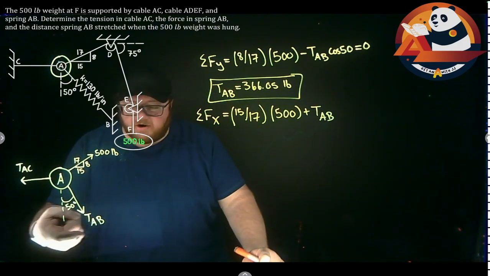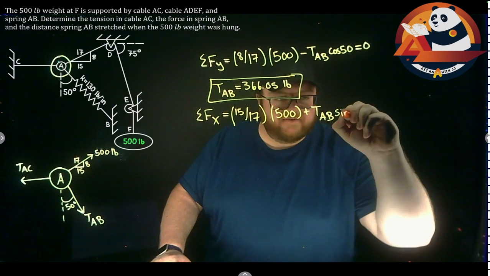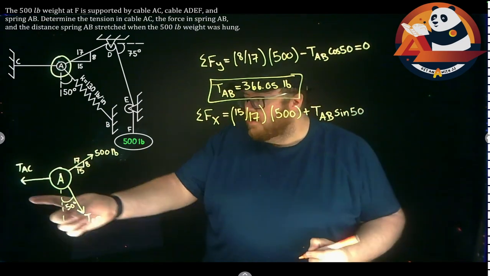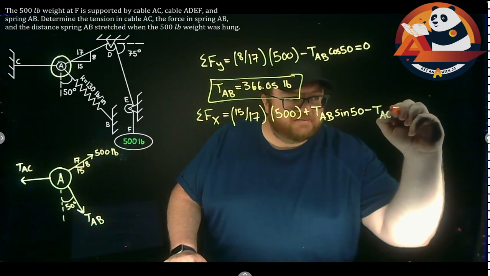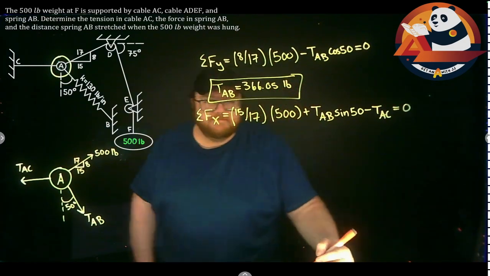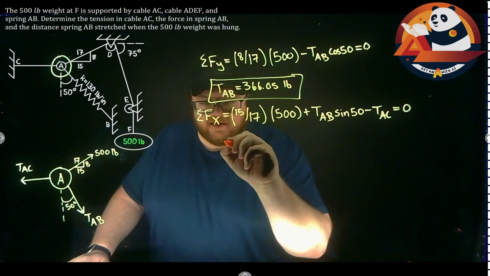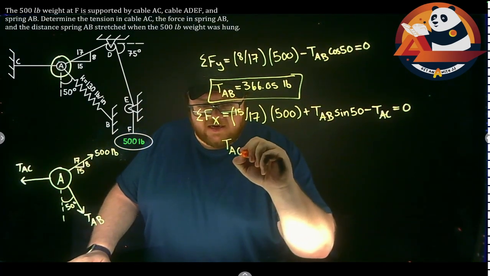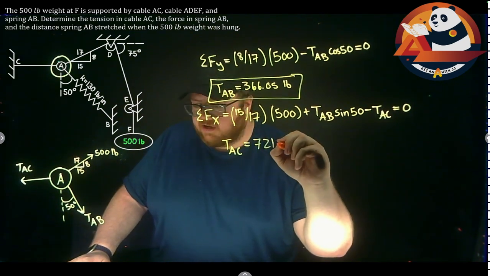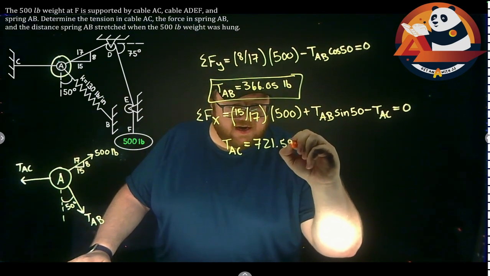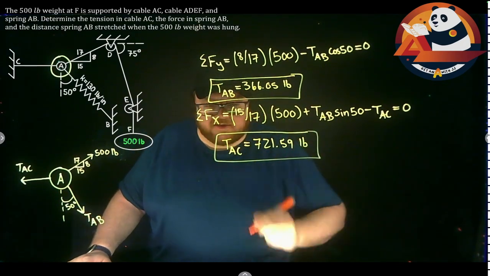To get that x component, it's opposite 50, so I use sine. Sine 50, minus T_AC. Because it points to the left, we subtract it out, and that gets us to 0. T_AC is my only unknown in here. I can solve for T_AC. T_AC is equal to 721.59 pounds, which is my second answer.